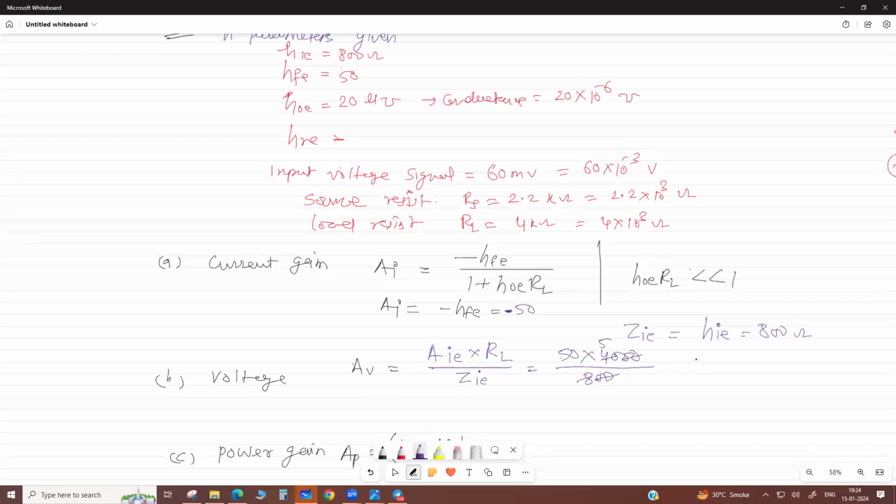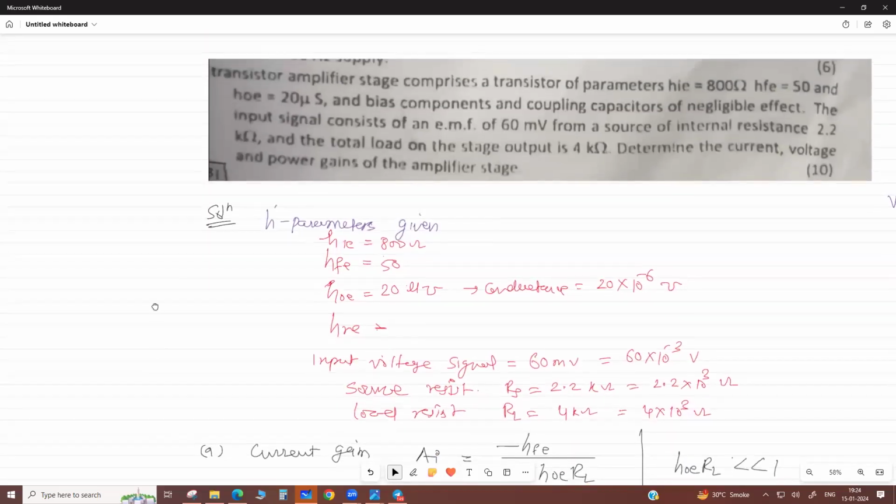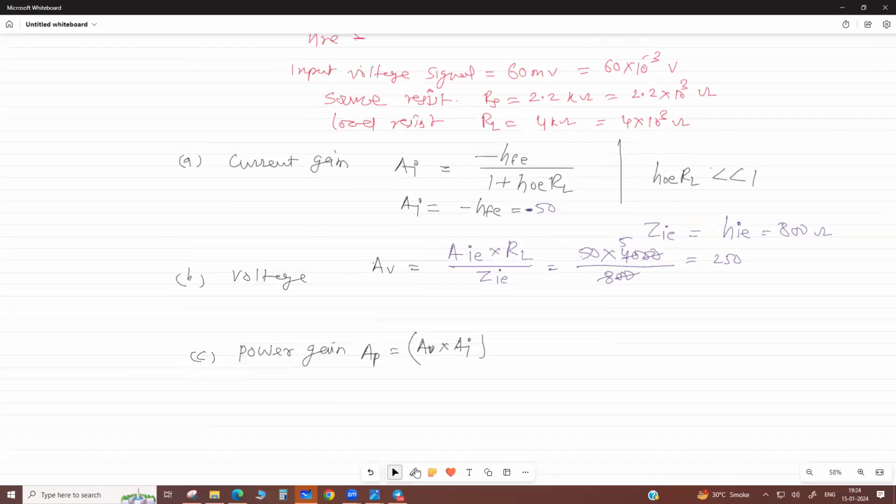Then the value is 250. Now you calculate the power gain. Was it 40 in the question? If it is 40 then the value will change.